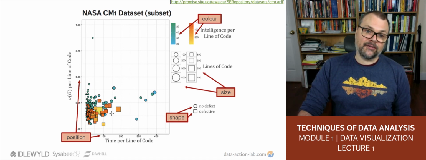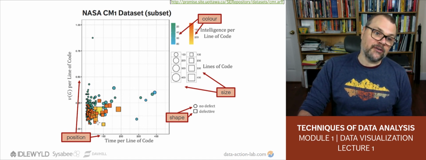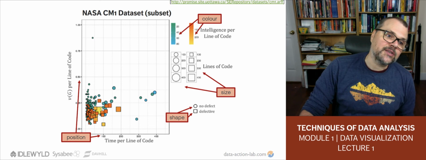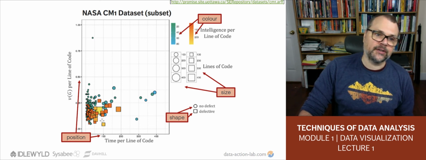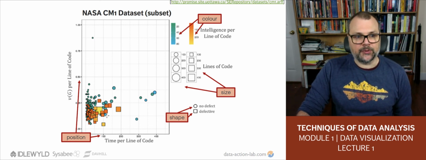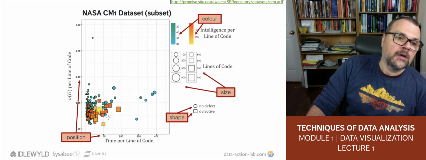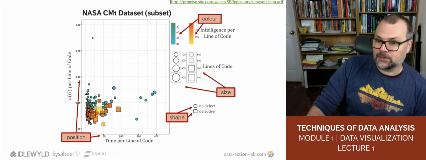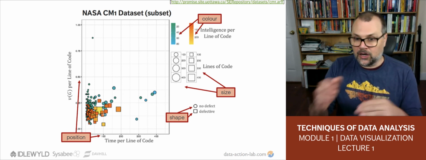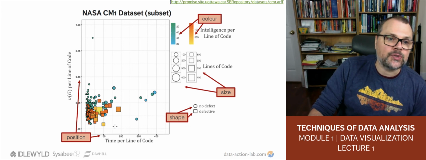What else do we have? We see that there seems to be a lot of defective pieces in the small area here. There seems to be an equal preponderance of defective and non-defective components. You can't really tell because it's not obvious here, but a lot of these overlap. So behind the squares you see some circles.